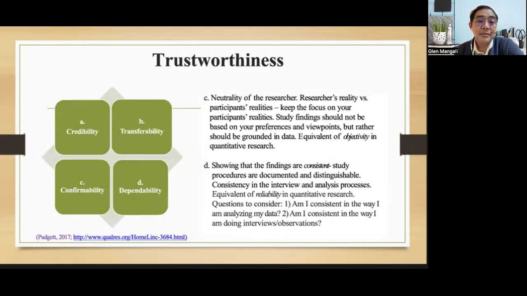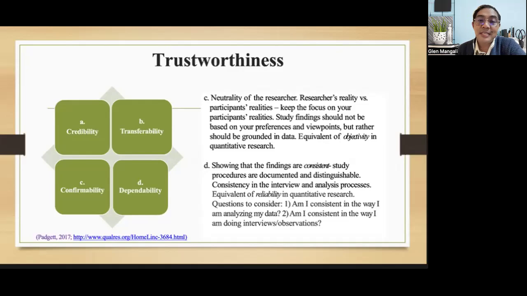Another thing about trustworthiness is the neutrality of the researcher. We also need to ensure that, between the researcher's reality and the participant's reality, we keep the focus on the participant's reality. We also know that there are moments when we write the paper, are we really writing it based on the participant's answer or based on our own answer?